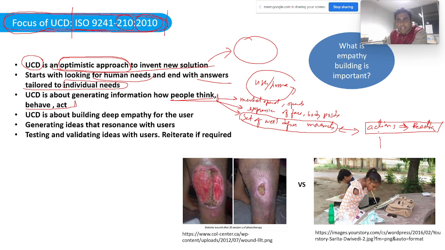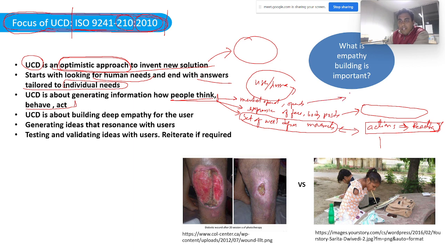So basically, actions and reactions can be easily captured or monitored in a user study. However, capturing expression, whether it's body posture or facial expression, needs a designer's skill.